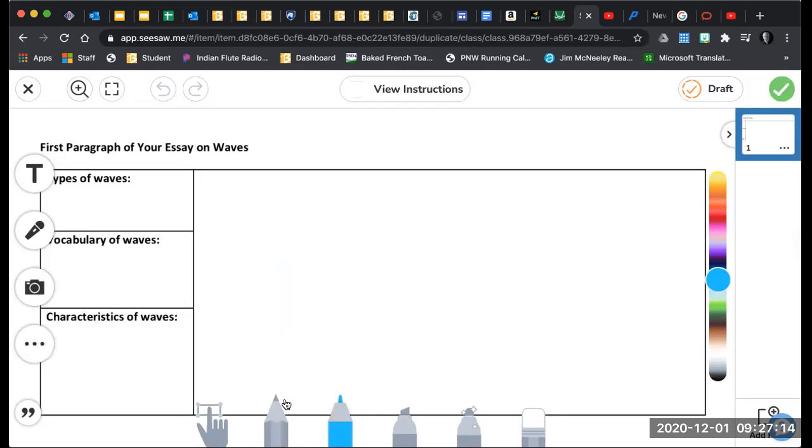So you could actually start your essay by saying, this unit is all about waves. There are 3 types of waves. And then if you have completed your wave characteristics activity, you could go back and talk about the 3 different types of waves, and then show and discuss basic vocabulary about waves and characteristics of waves.